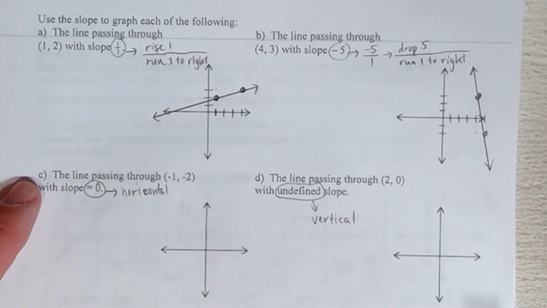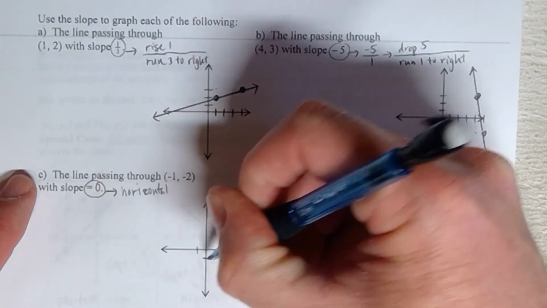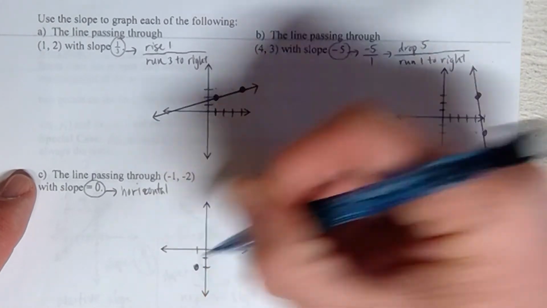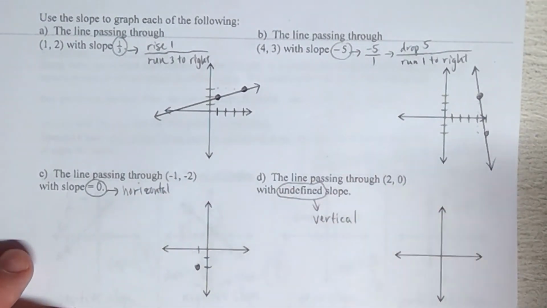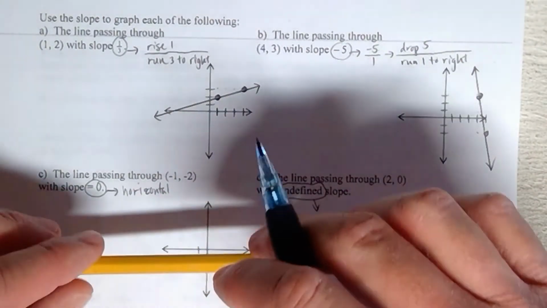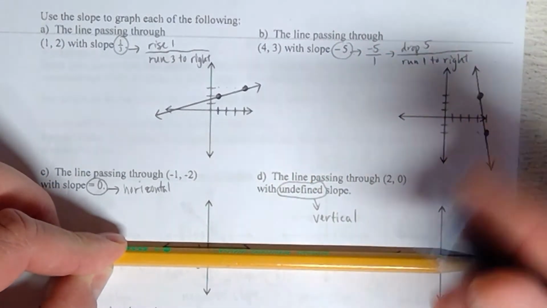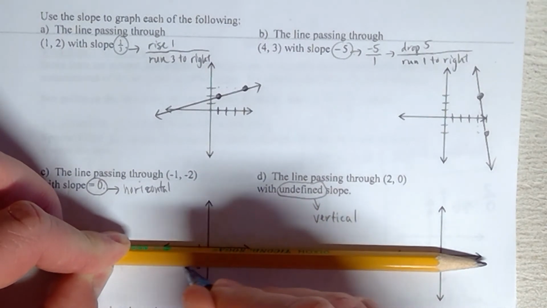Horizontal or vertical tells us already what the direction is, so we don't need a second point. Just color in the first point, and then follow the direction, whether it's horizontal or vertical. The first problem here is horizontal, and so I'm going to draw a horizontal line through that. And that's it, okay?